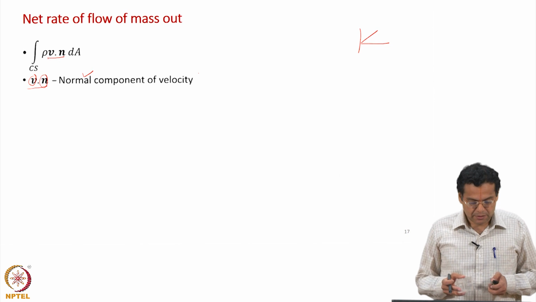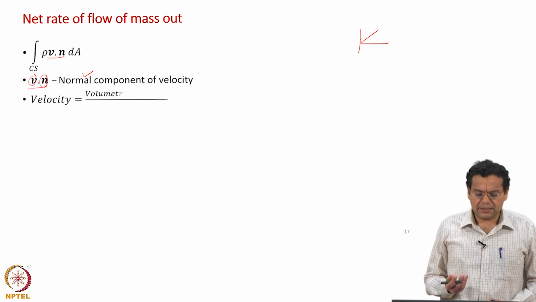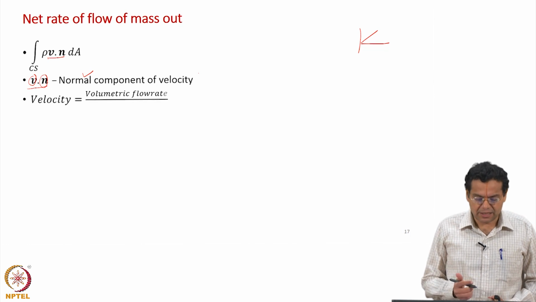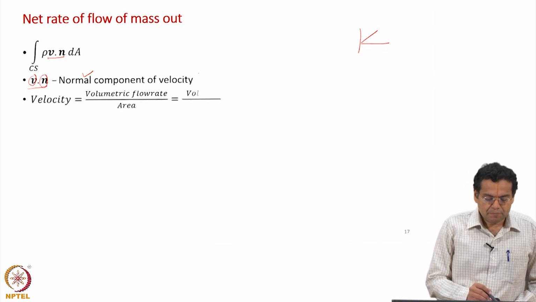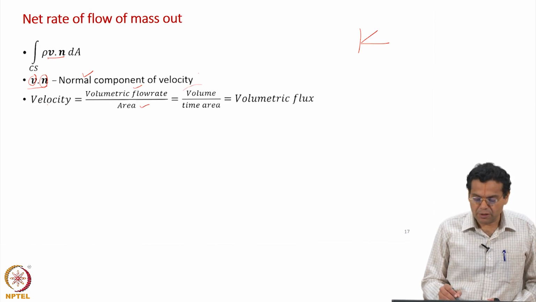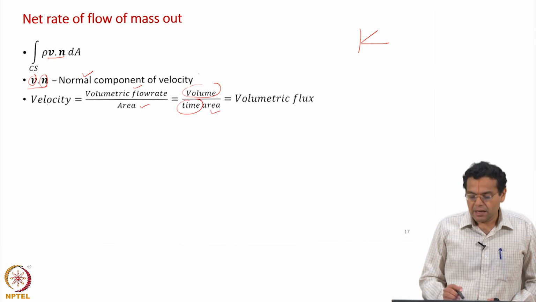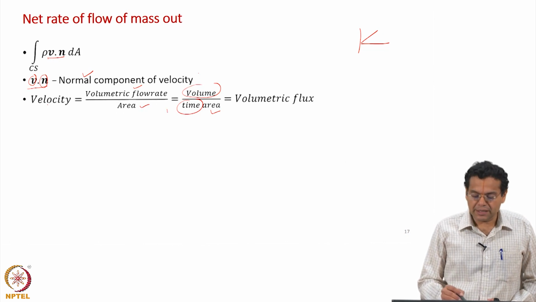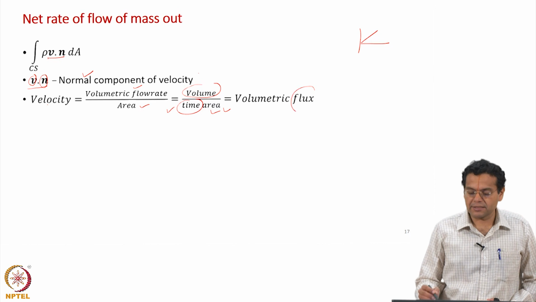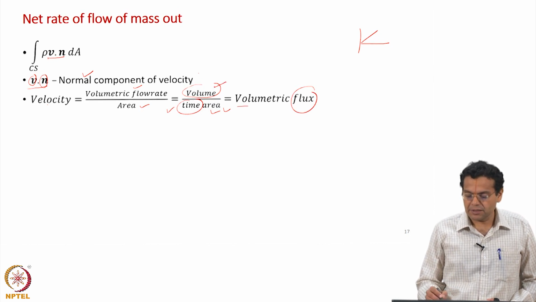Okay. Now, velocity can be represented as a flux. Let us see how we do that. Velocity is of course volumetric flow rate divided by area. Volumetric flow rate is volume per time, divided of course by area as such. Now, any quantity expressed per unit area per time is called a flux. So, the quantity we have is volume, so this term becomes volumetric flux.